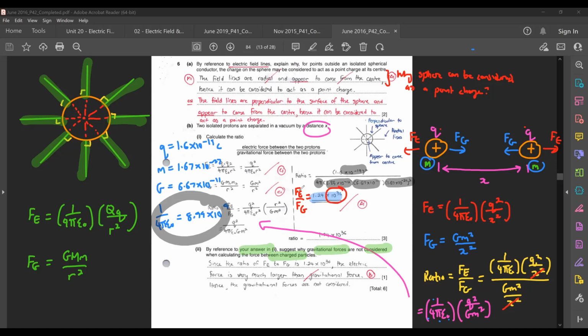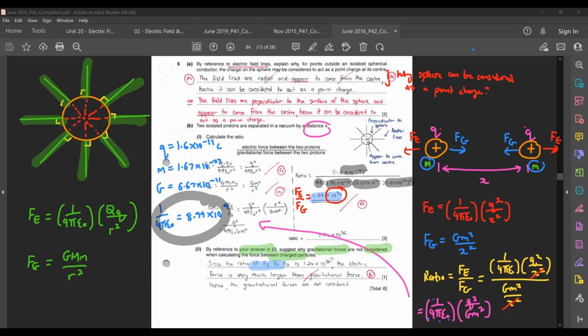It tells you that the electric force is 10 power 36 times more than your gravitational force. Since your electric force is so much larger, you do not consider your gravitational force here.